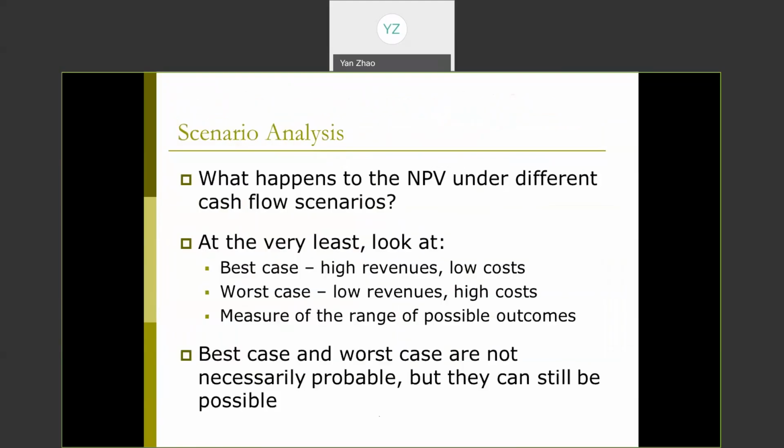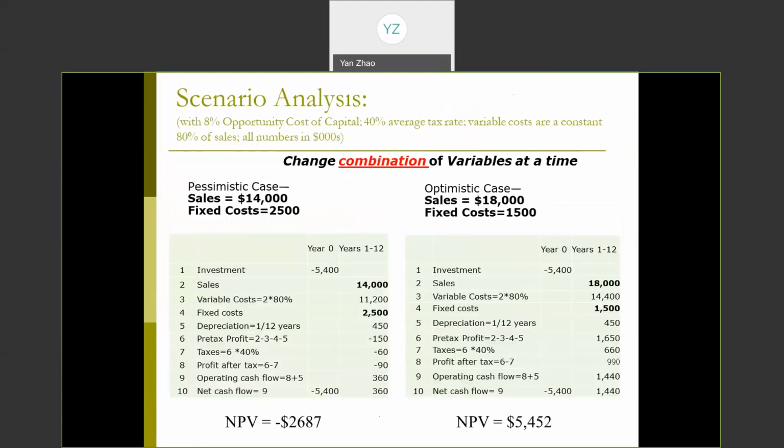Okay. So now we move on to the scenario analysis. So now what happens to the net present value under different cash flow scenarios? Okay. Again, look at this case. Scenario analysis means we are looking at a combination of variable change at one time. So in the pessimistic case, we are going to change both sales and fixed cost number to the pessimistic numbers.